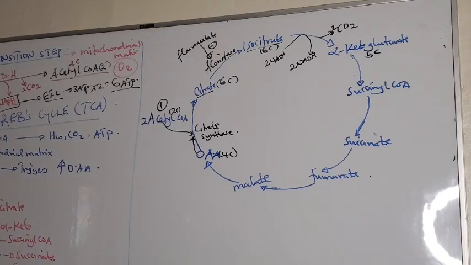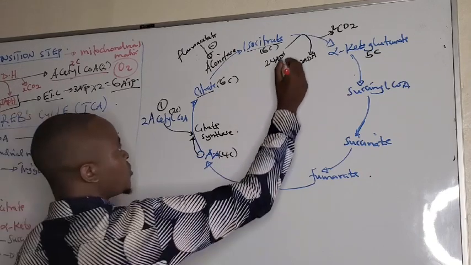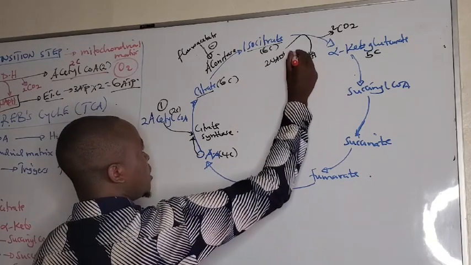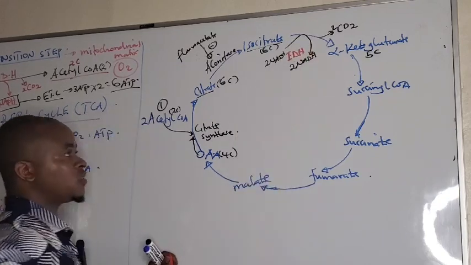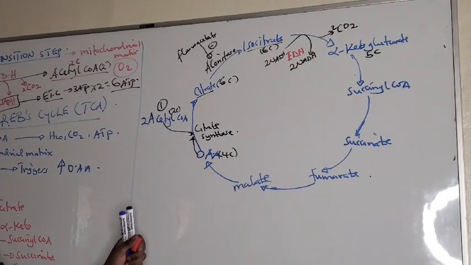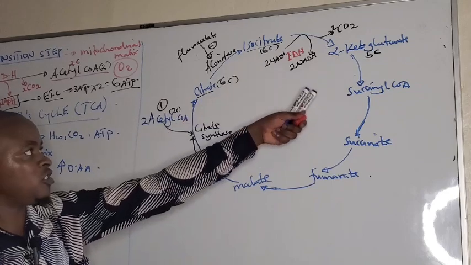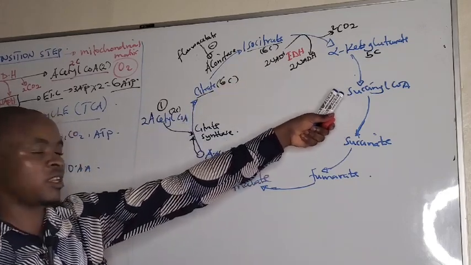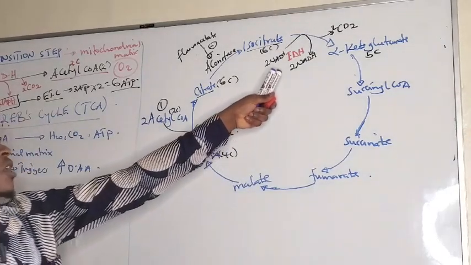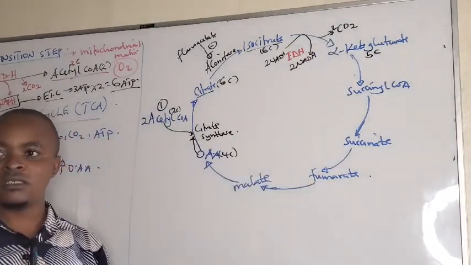And this dehydrogenase enzyme is known as isocitrate dehydrogenase. Isocitrate dehydrogenase enzyme is the one that catalyzes the oxidation of isocitrate to alpha ketoglutarate, which is a 5-carbon sugar, with the loss of carbon dioxide.